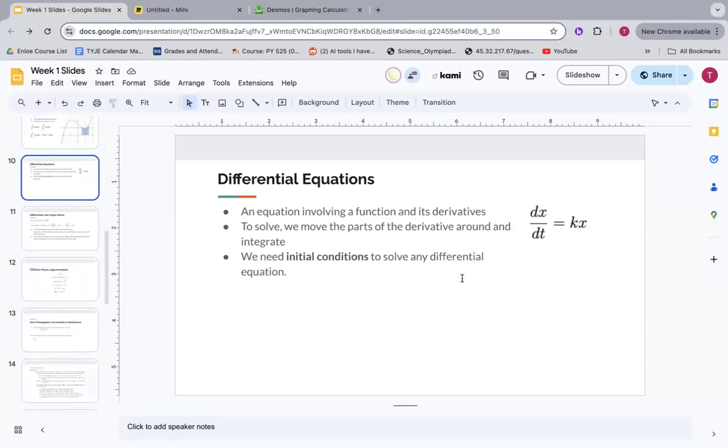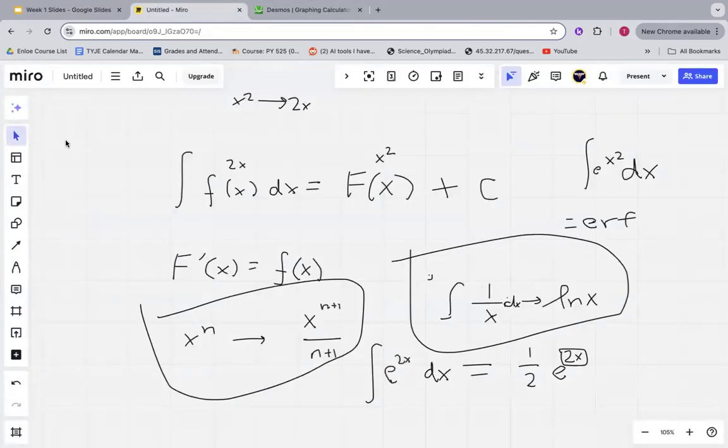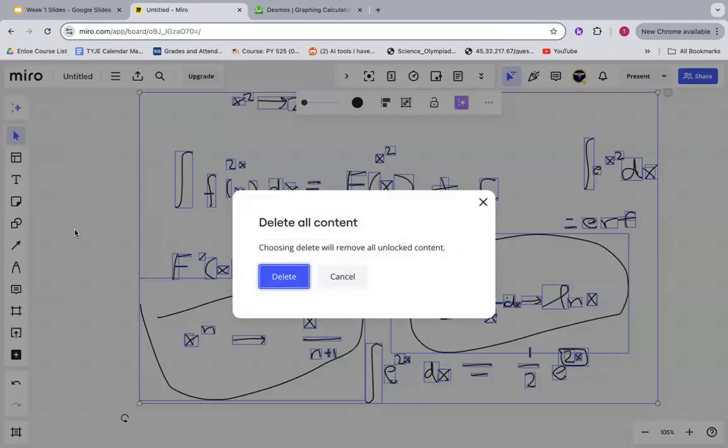differential equations. So a differential equation is just an equation with a function. So x is a function of t here, and its derivative. So this is the first derivative of x. So I'm going to rewrite that differential equation, and I'm going to rewrite it a few different ways.